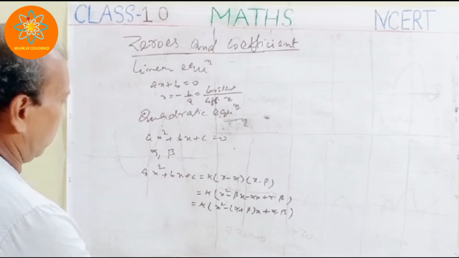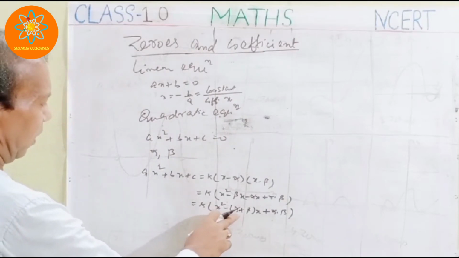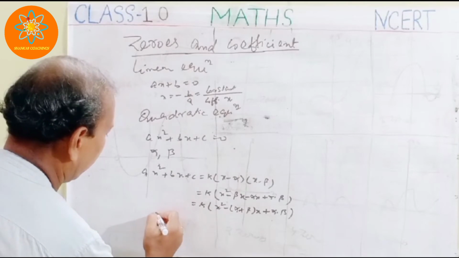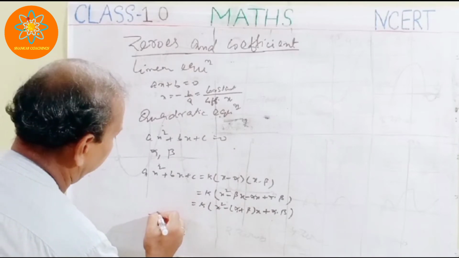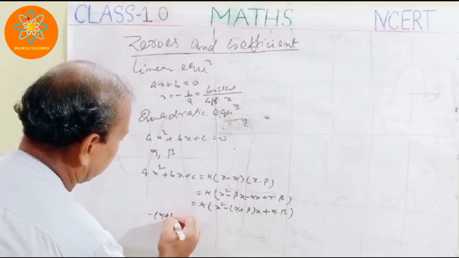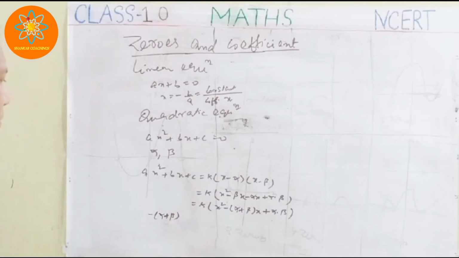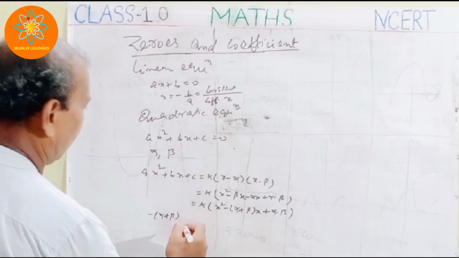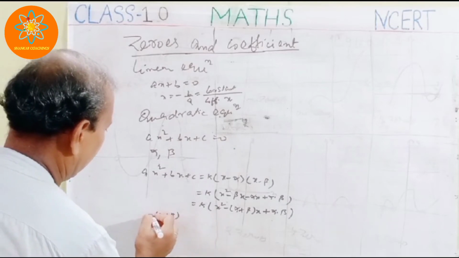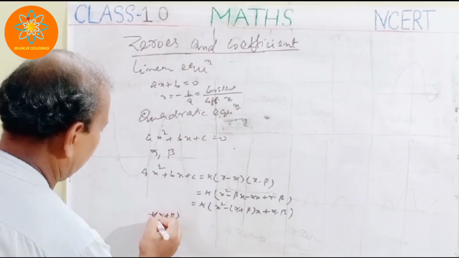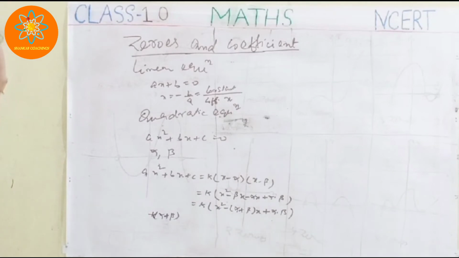So what is the value of alpha plus beta? Minus alpha plus beta is equal to how much? K times minus alpha plus beta.